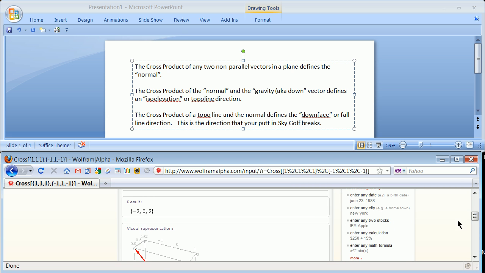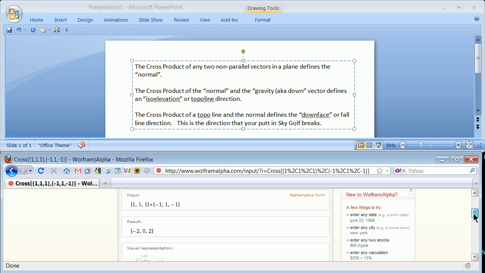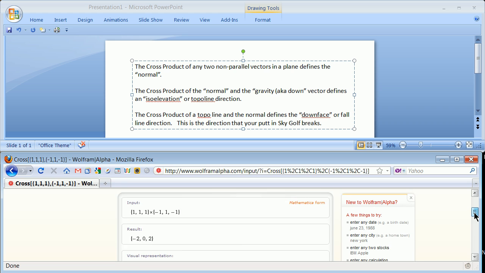And so in this program, you've got to write down -2, 0, 2 on a side sheet of paper. On a lot of other programs, you can just feed it to the next problem. So the cross product of these two vectors is -2, 0, 2.